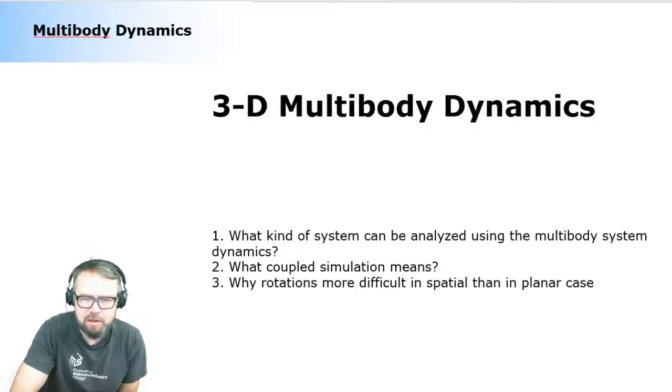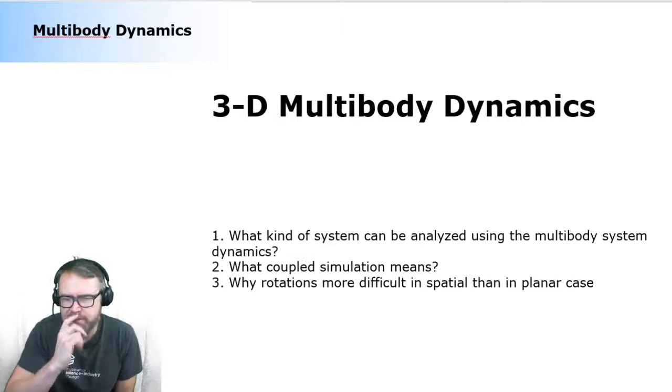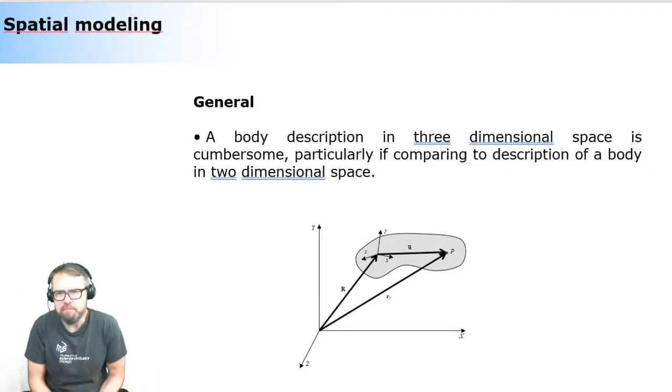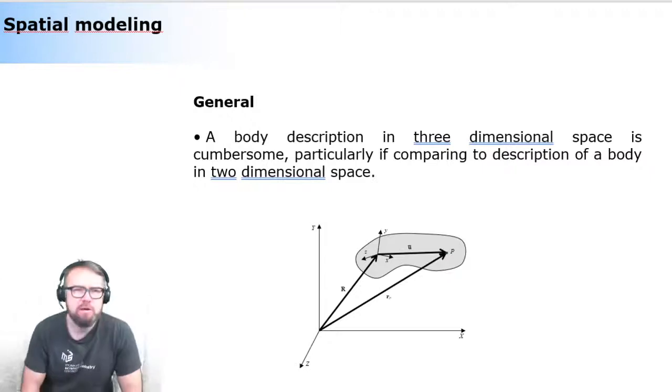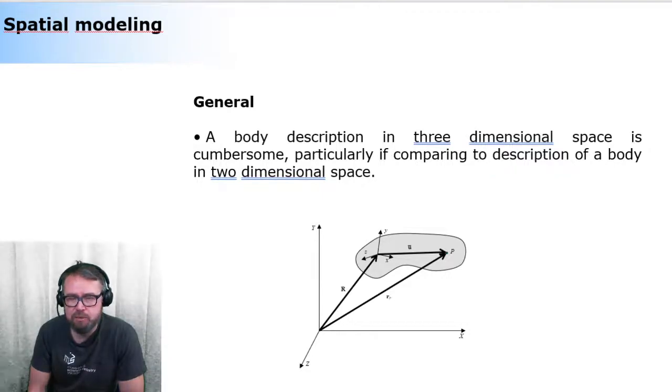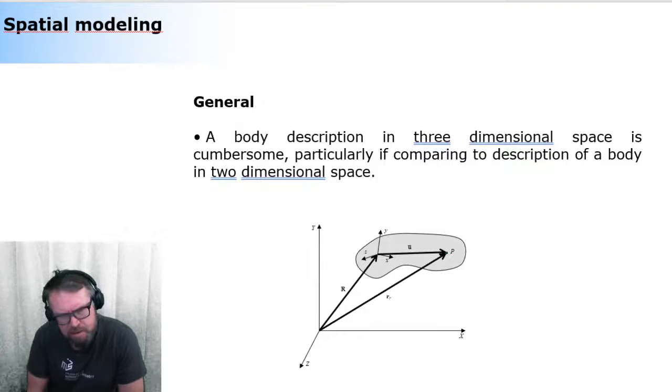What the co-simulation means, that's going to be a bit later. Let me see, what was the third question? Why are rotations more difficult in the spatial case than in the planar case? Now, we learned a little bit about how the spatial case is in simulation of a mechatronic machine, but now we're going to learn more. In three-dimensional space, it's kind of an extension from a planar case, kind of.